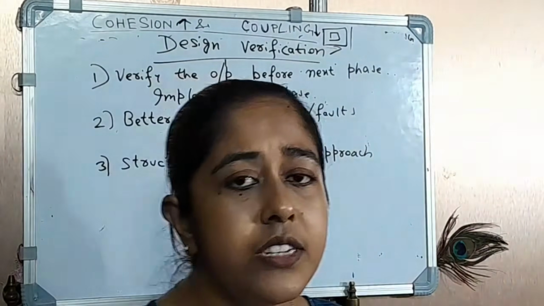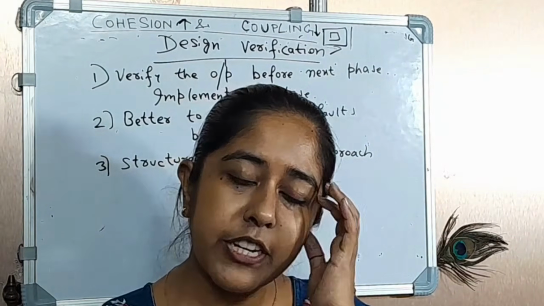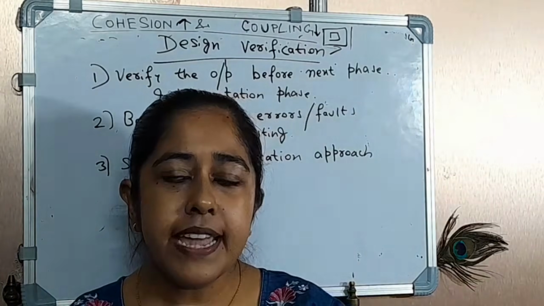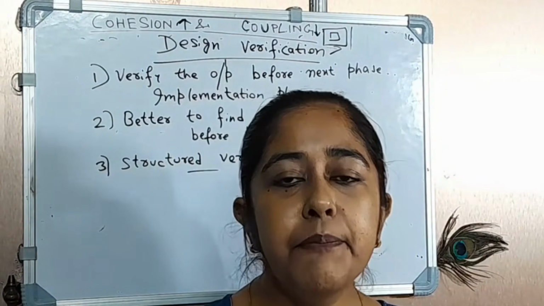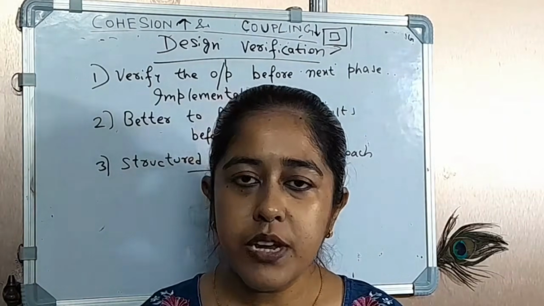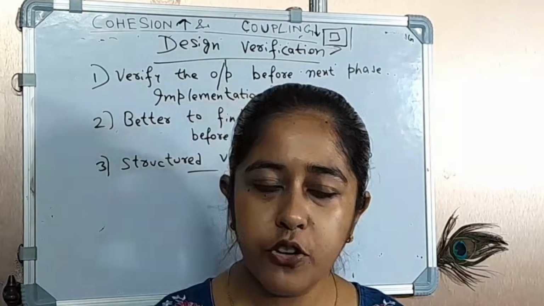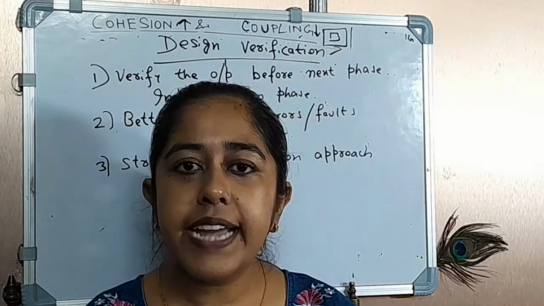So some structured kind of verification should be done, so that any mistake can be easily cleared before your testing phase. That will be better for your development team as well as the programming team, who will be doing your coding phase. It will be better for both of them if some structured approach is followed.